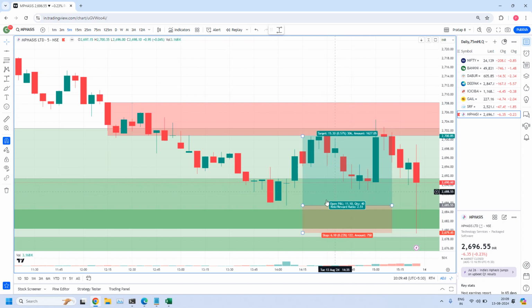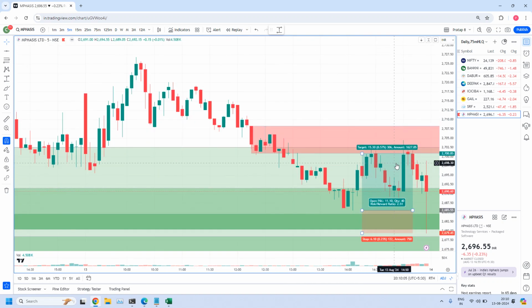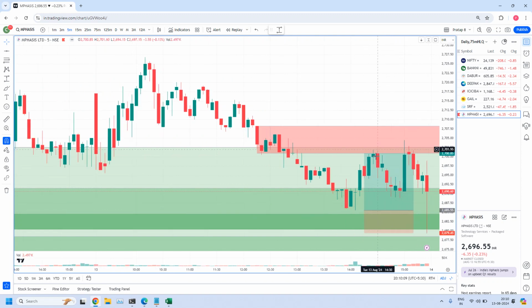You have to observe such trades: how I did the adjustment, and exactly that adjusted area the price reached and then moved, and risk management also handled. This is how you need to understand. But anyway, this is only for learning purpose, so I am not considering this trade.